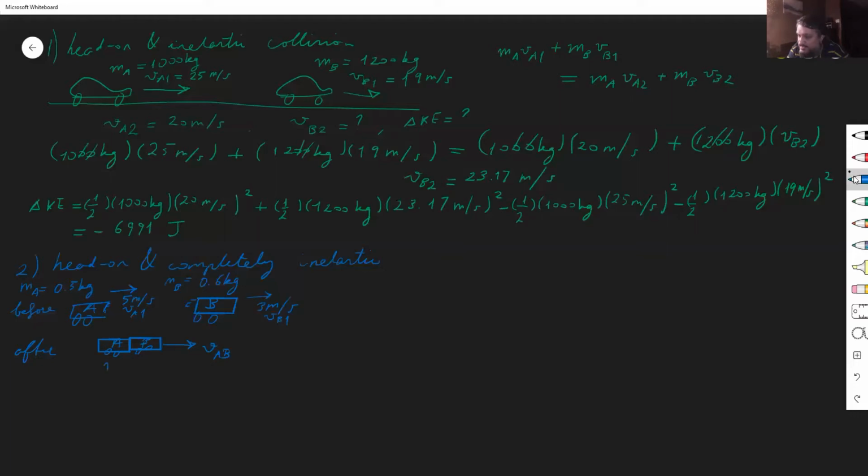All right, and this is the mass, MA plus MB, which is 1.1 kilograms. So what is the new velocity?